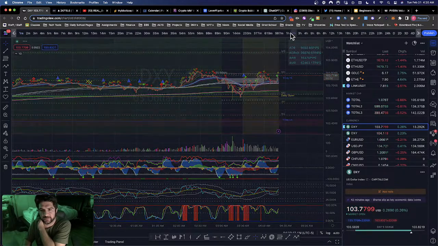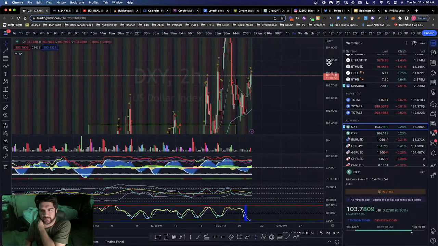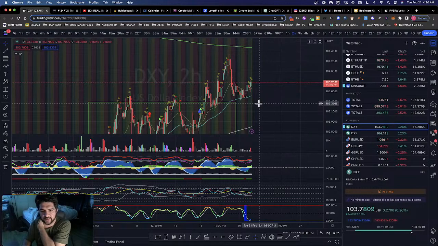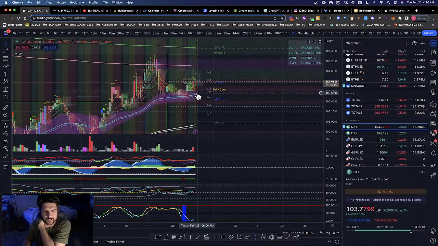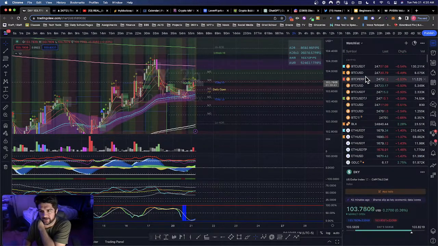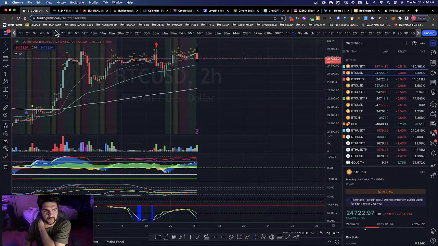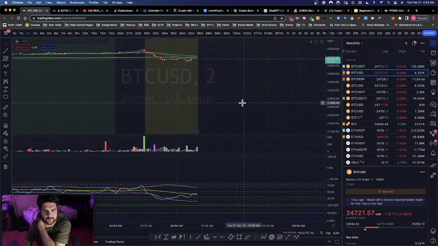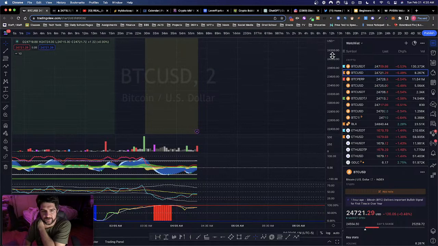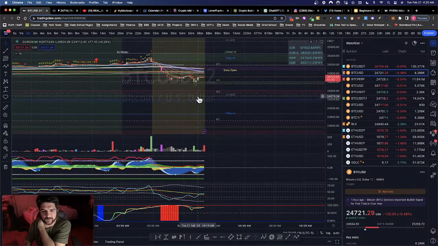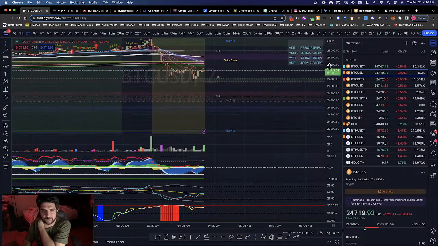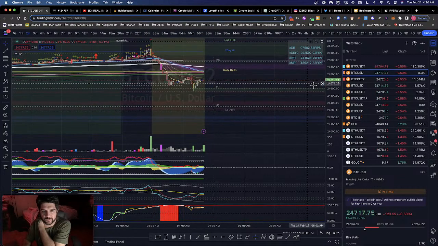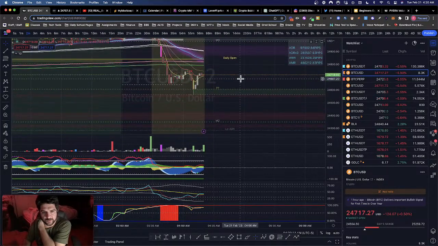Dixie looks bullish AF. Oh, it looks so bullish. I might just cut the trade, because I don't like it. I don't like it at all. Look at that red volume coming in. I don't like it at all.